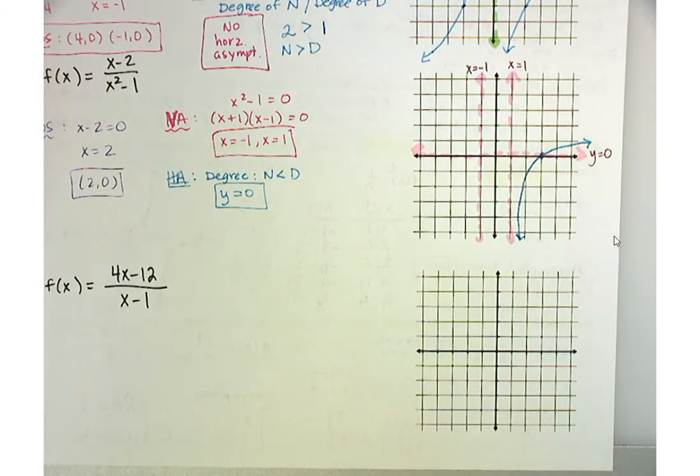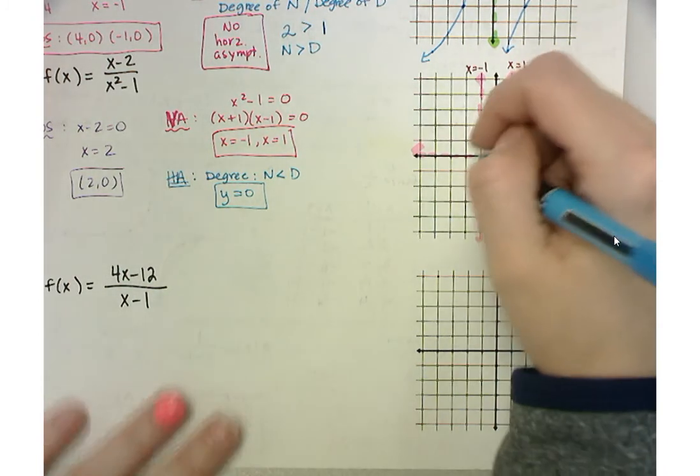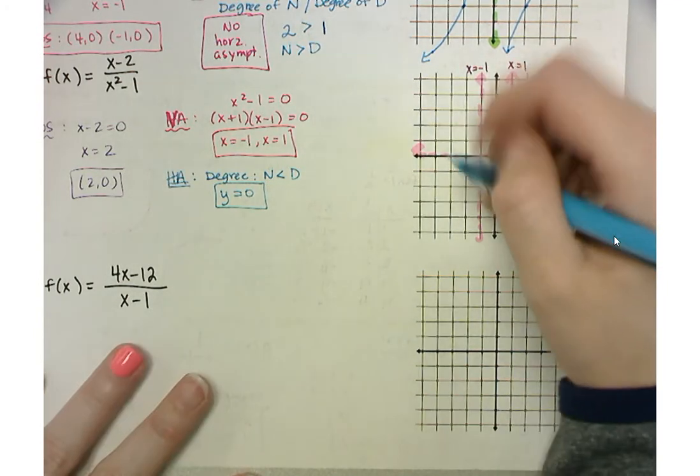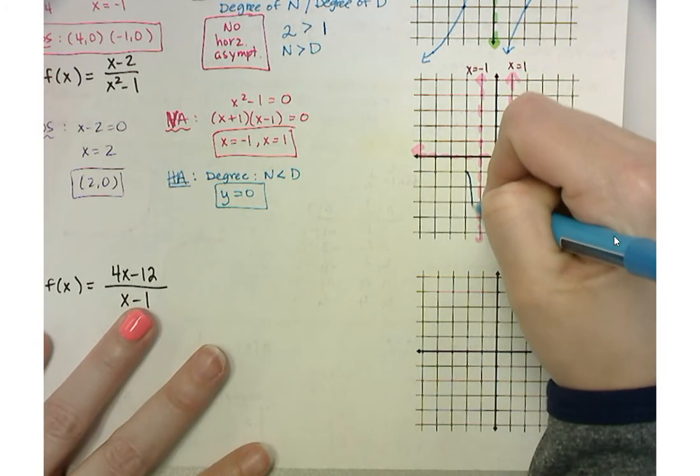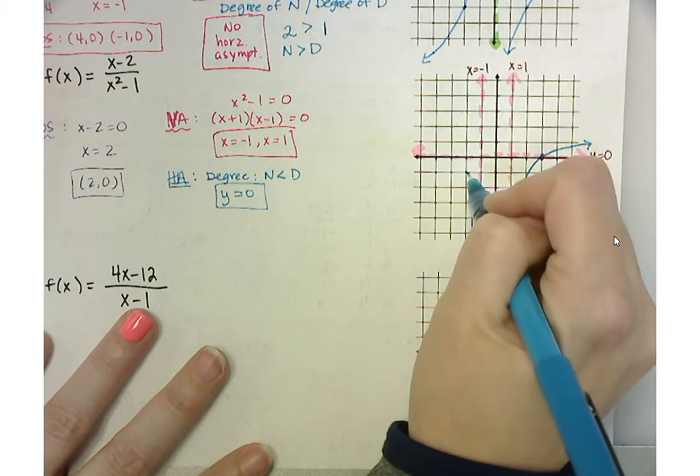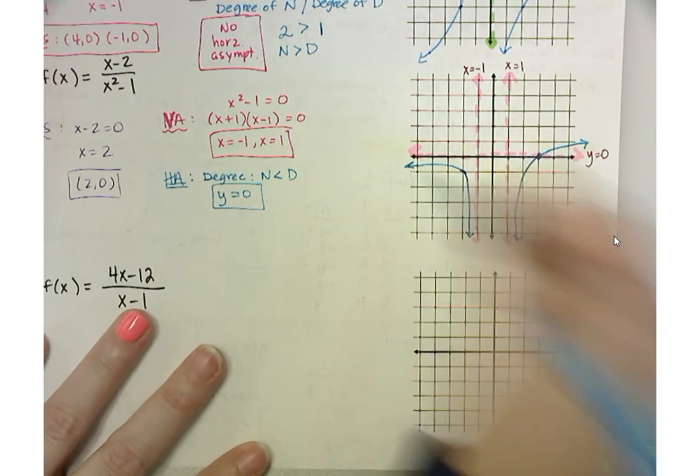So you would only have x equals 3 on your radar there. And then for the vertical asymptote, you're going to do the zeros of the denominator, which is just x equals 1.